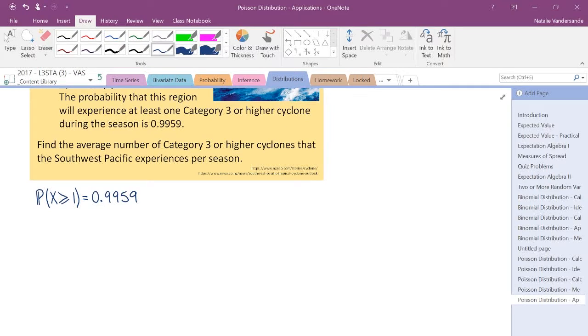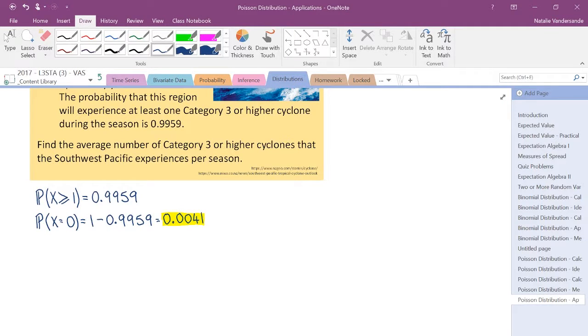From this, we also know that the probability of 0 cyclones occurring is 0.0041. To be able to progress with an inverse type question, you must know the probability of 0 events occurring. That's this probability here. Without that, we can't go any further in this type of question.